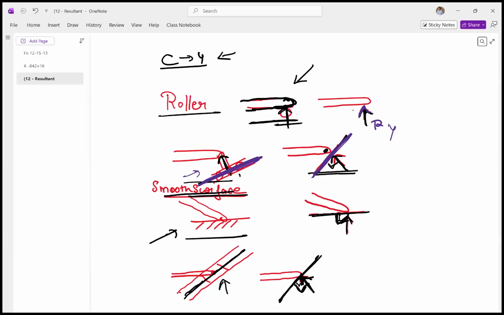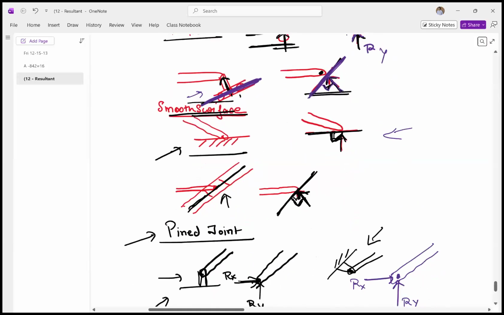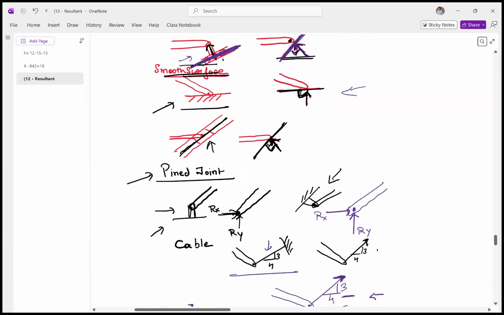So you draw a surface and then a reaction force at 90 degrees to that surface. The same thing is going to happen for smooth surfaces also. So hopefully you understand now how to draw the different types of forces when different types of joints are given to you.